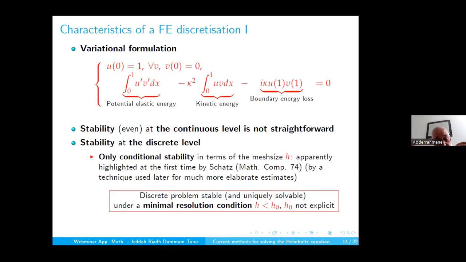This energy is divided in two parts: a potential energy and a kinetic energy. During the propagation, these two energies convert each to the other. Without this conversion of energy, you cannot have propagation. And this term here translates an absorption of energy at the boundary.